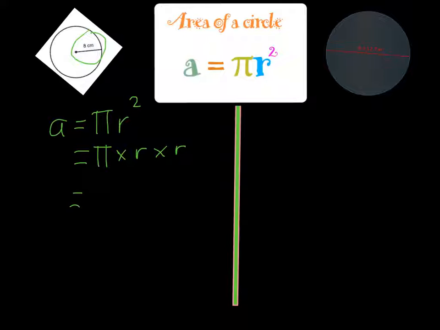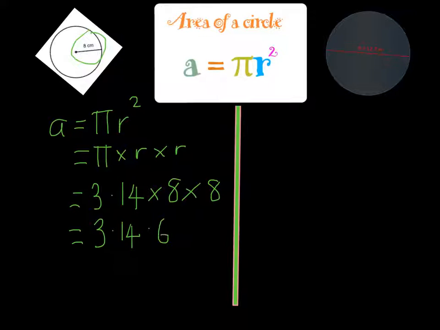So pi, we know from before, is approximately 3.14 times by 8 times by 8 again. I know straight away that 8 times 8, or 8 squared, is 64. So it's 3.14 times by 64.